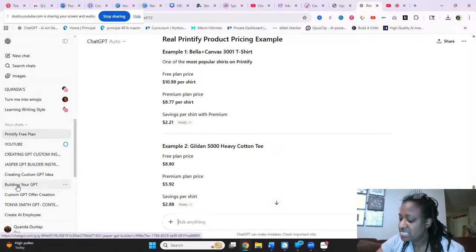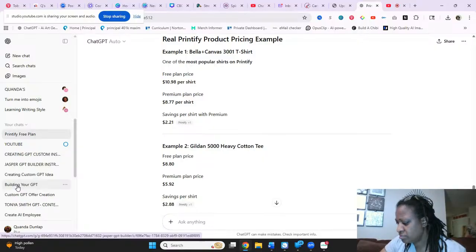So I'm going to say example, because I want to have it in my notes right here, if that's okay with you guys. Free, $10.98, premium, $8.77, and then savings.